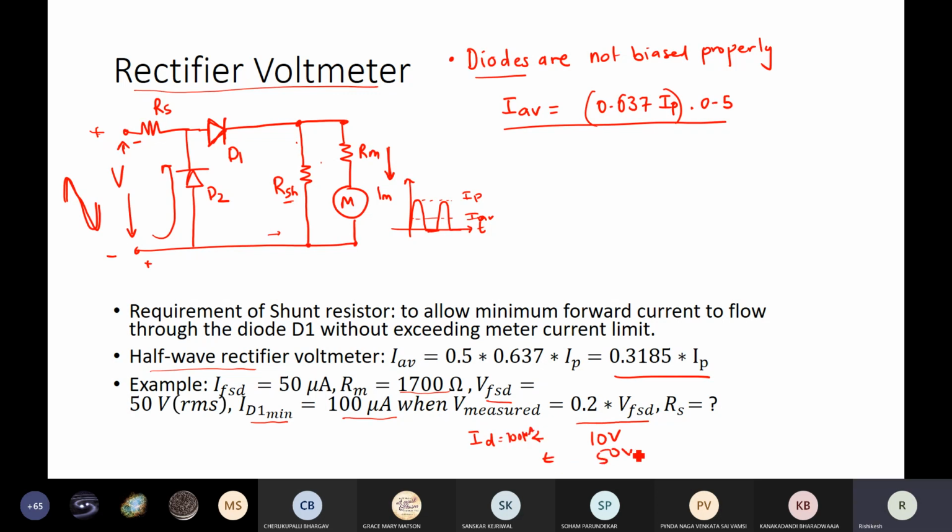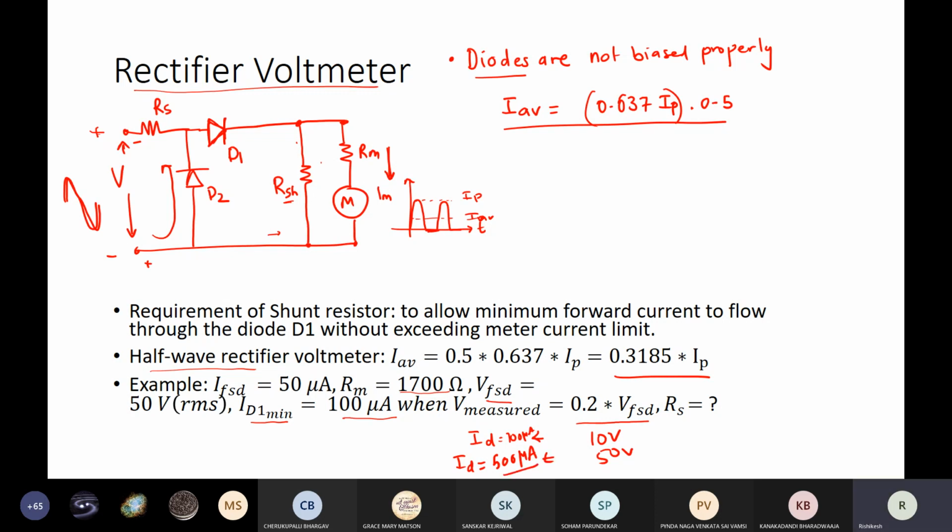When it is 50 volts, that is at full scale deflection, how much is the current required? Minimum current 500 microampere, right?